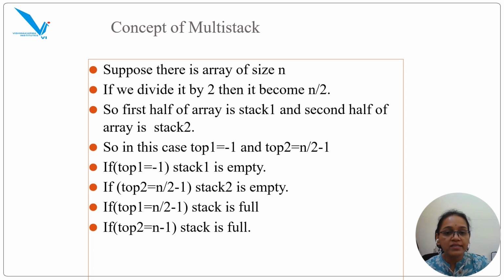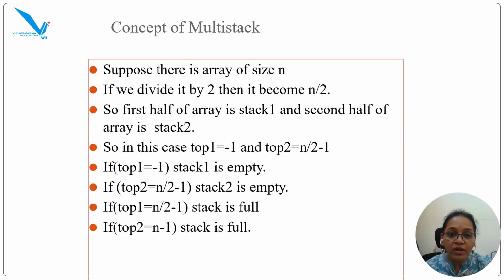Then the concept of multi-stack. Suppose there is an array of size n. We can divide it by 2, then it will become n by 2. Now there will be two sub-arrays, right, of size n by 2. So first half of array is stack 1 and second half of array can be stack 2. So in this case, there will be two tops, top 1 and top 2. Top 1 will point to stack 1 and top 2 will point to stack 2. Now top 1 is equal to minus 1 and top 2 is equal to n by 2 minus 1 in case it is empty.